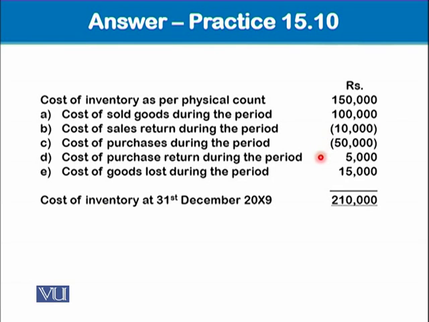The cost of purchase return will be added, and in the same way the cost of goods lost will be added. By doing this, we get the actual cost of inventory that would have been on 31st of December X9, which is 210,000.